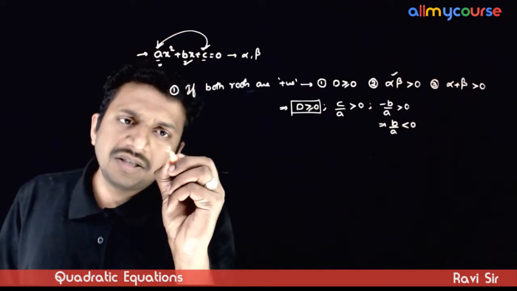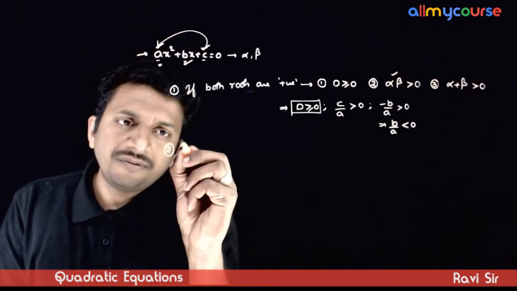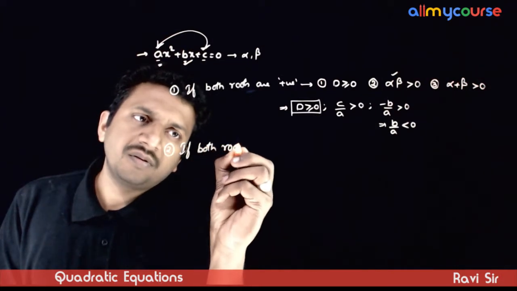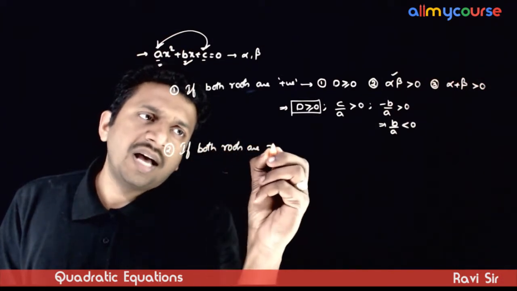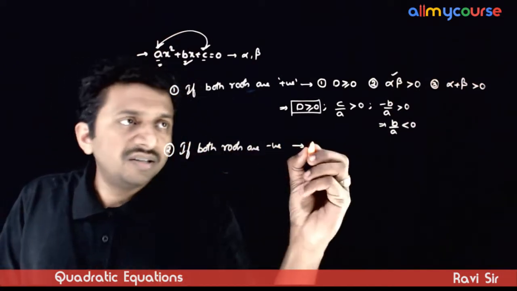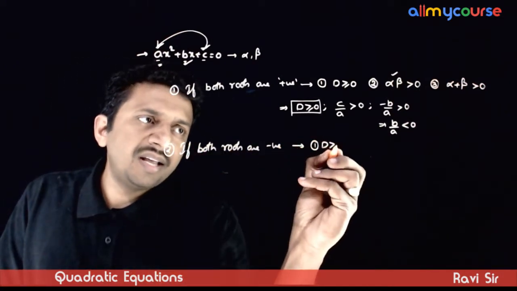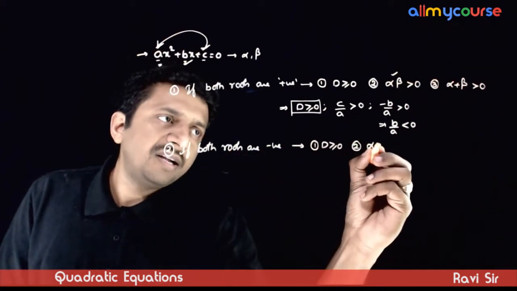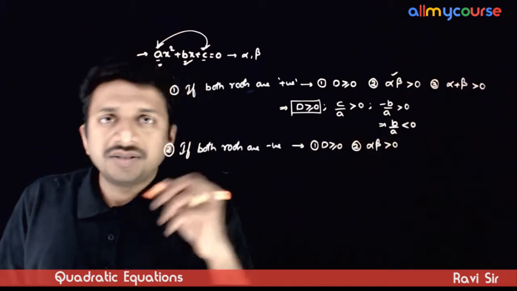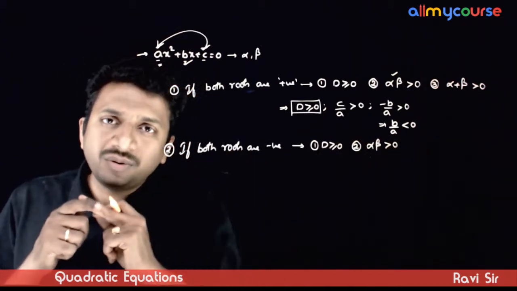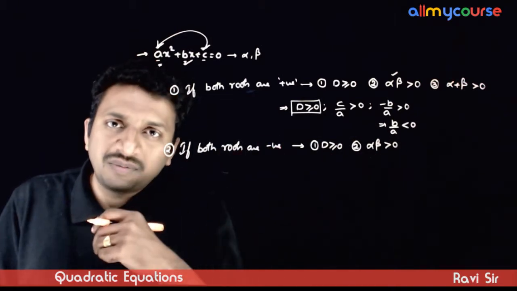So let us go to the next condition. What if both roots are negative? Then what are the conditions that need to be satisfied? So D should be greater than or equal to 0. Alpha into beta has to be positive, because if both roots are negative, if you multiply those two roots, the answer will be a positive number.